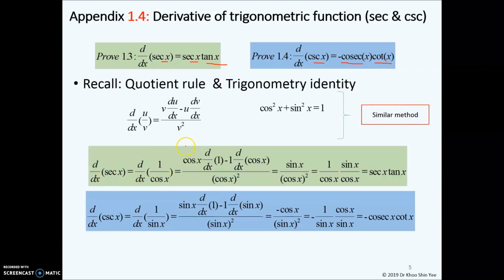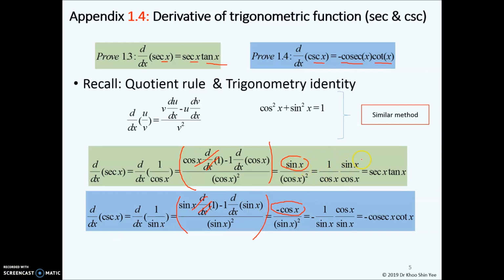You can see that we apply the quotient rule here. Differentiate 1, you get 0, so this term will be eliminated. This term is also the same, therefore you get negative d over dx of cos x, you get the sine part, and differentiate sine x, you get the cos part.